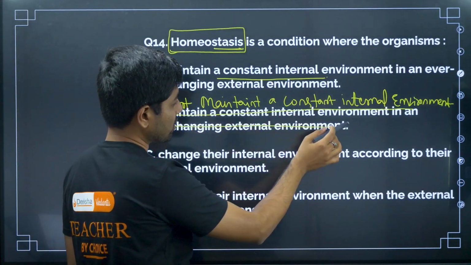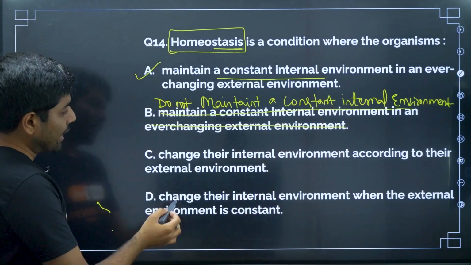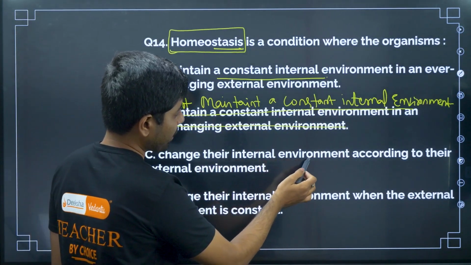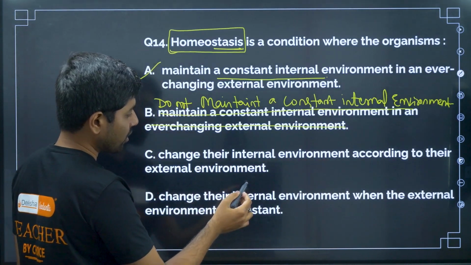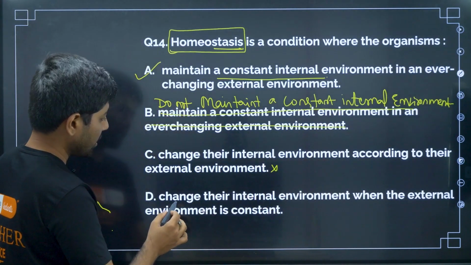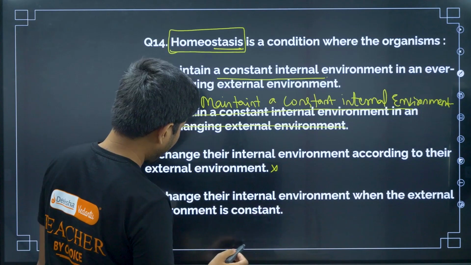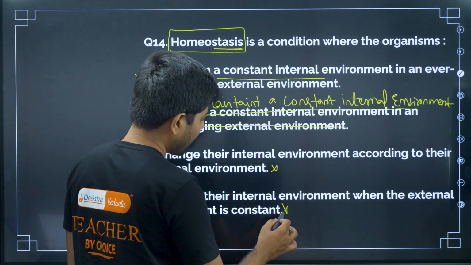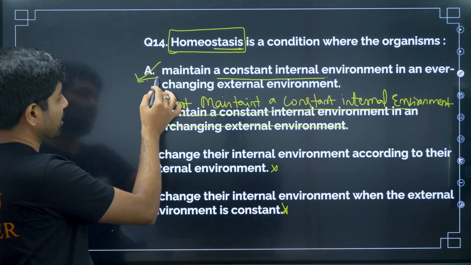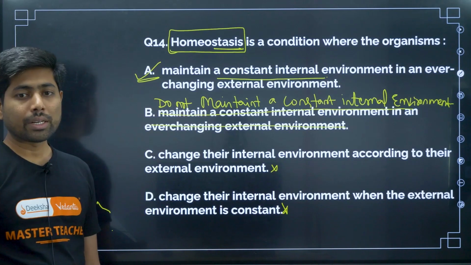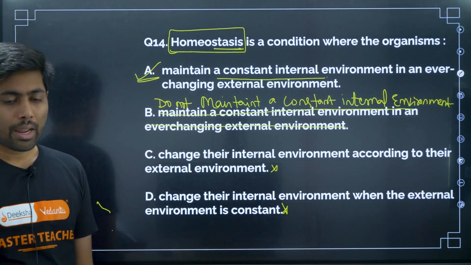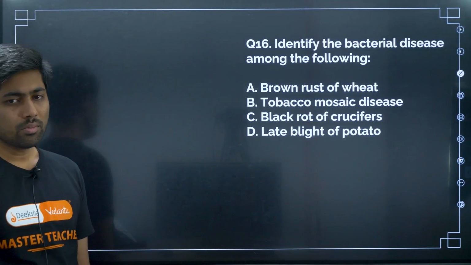Do not maintain constant internal environment is wrong. Change their internal body according to their external environment, this is also wrong. Change their internal environment when the external environment remains constant is also wrong. Homeostasis is best defined by maintaining the constant internal environment in ever-changing external environment.